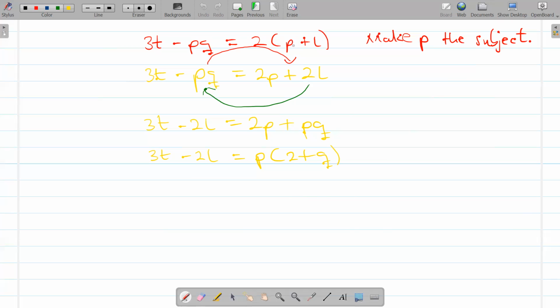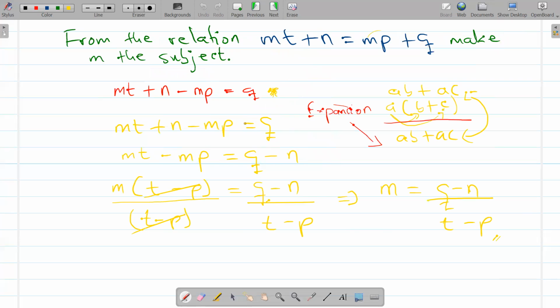So in order to get the P outside the bracket, you need to first of all expand it by multiplying the 2 with what's in the bracket. So 2P plus 2L. So now that we've gotten the P outside the bracket, then we go back to the previous where we just group like terms.